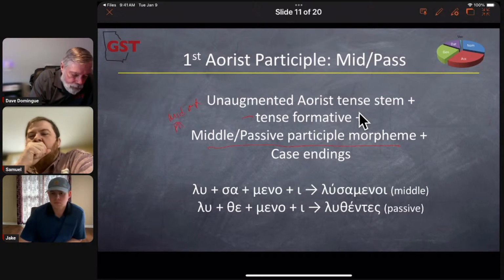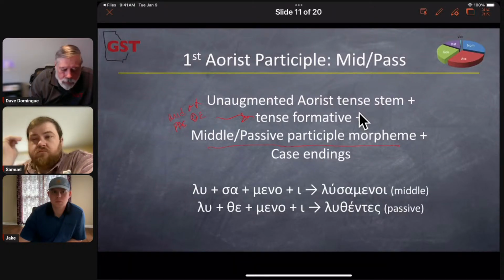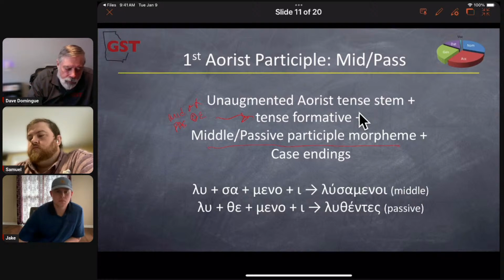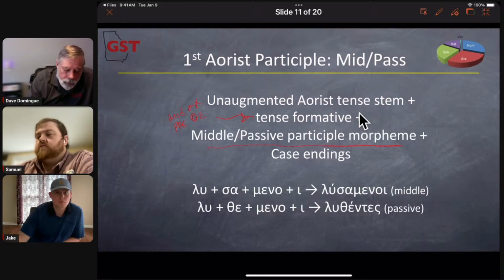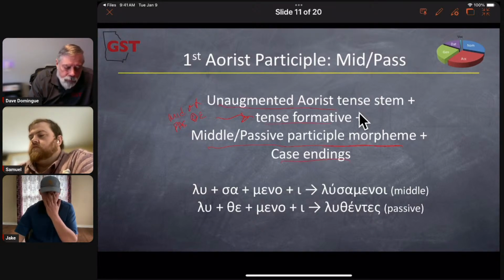For the passive, it's going to be the theta eta. Right? And then we're going to have a middle passive participle morpheme, and that's also going to change, and then our case ending. So same format, unaugmented aorist tense stem, we'll have a tense formative, we'll have a participle morpheme and case endings.